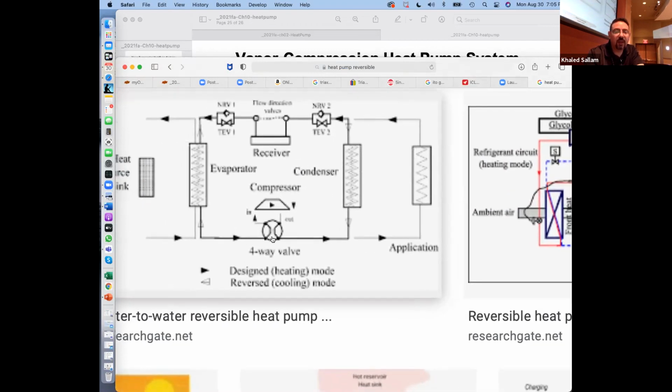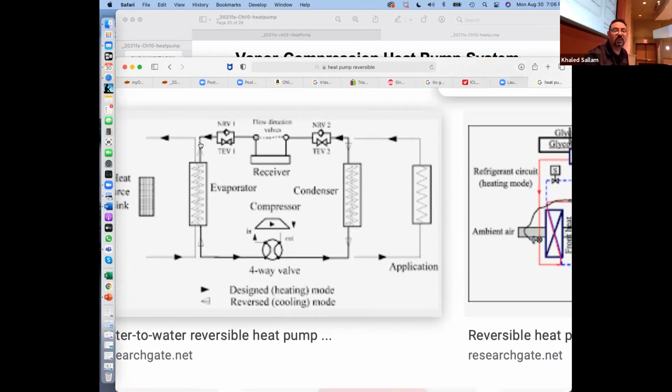That valve basically takes the output of the compressor and either sends it this way or that way. It's a mechanical valve where you basically go right to left and the flow goes from here to here. And on both sides over here, you will see there is a throttling valve and a check valve, depending on whether the flow is going this way or that way.